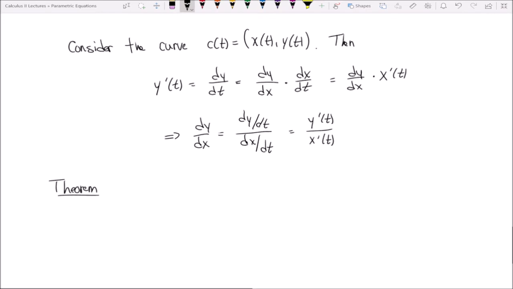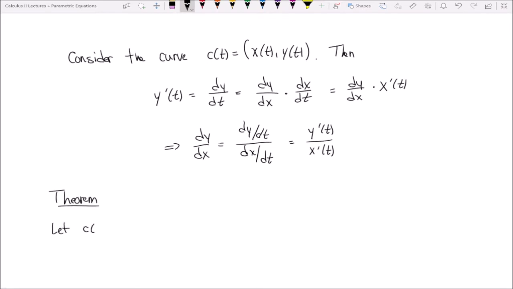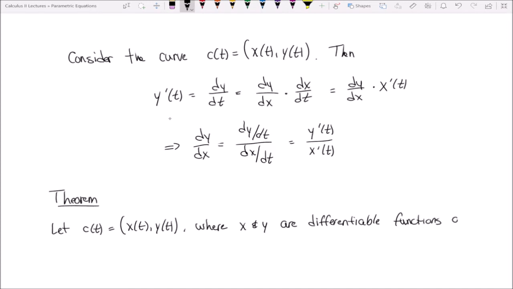So formally stated, consider the parametric curve where x and y are differentiable functions of t.